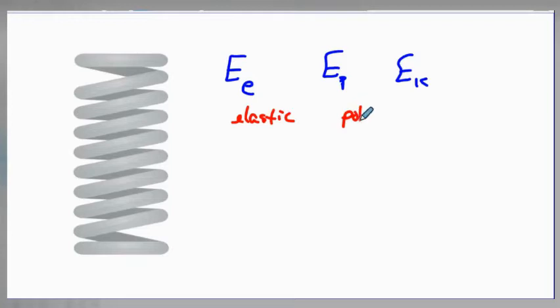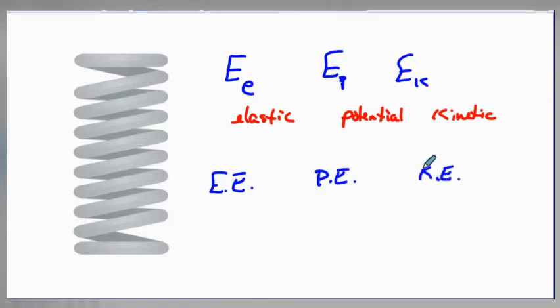Elastic or potential or kinetic. Other times you'll see the symbols just elastic energy, potential energy, or kinetic energy. Different representations by different teachers or different books or different websites.